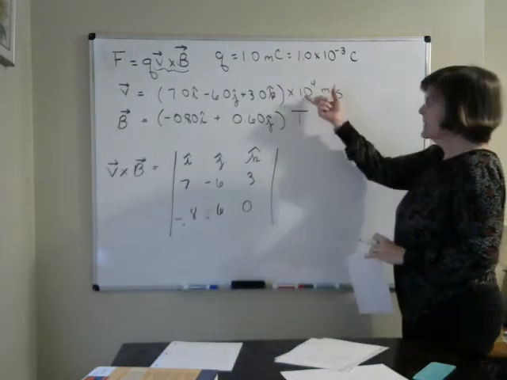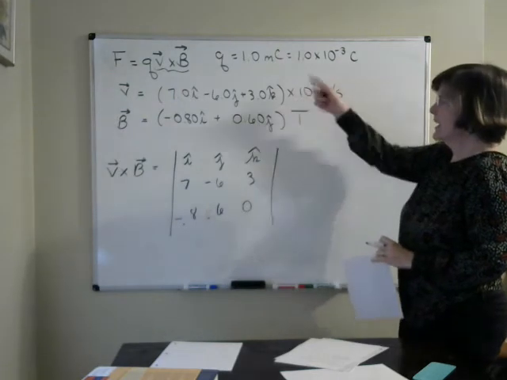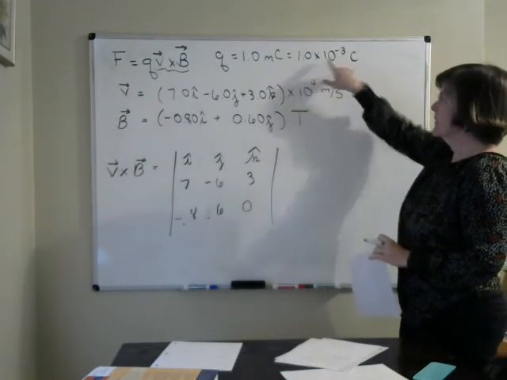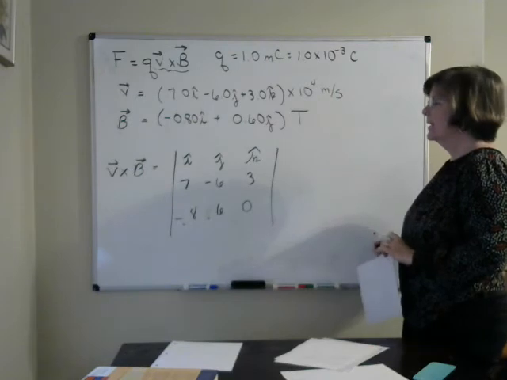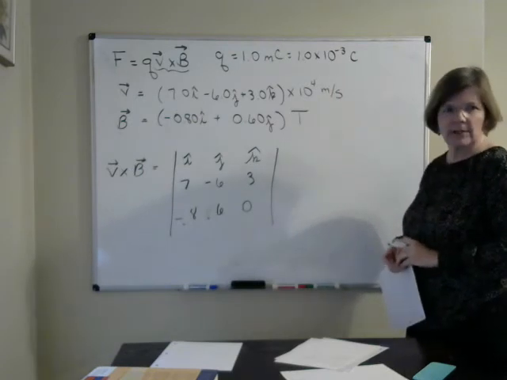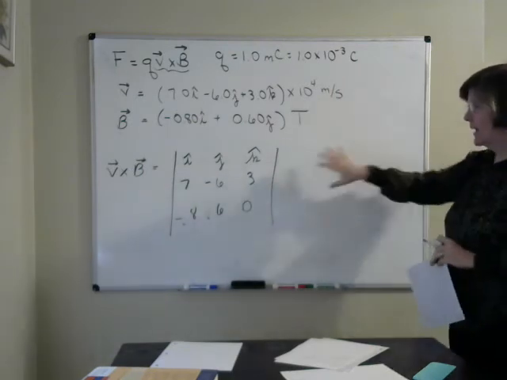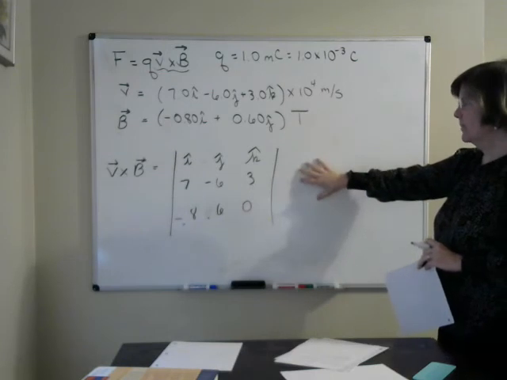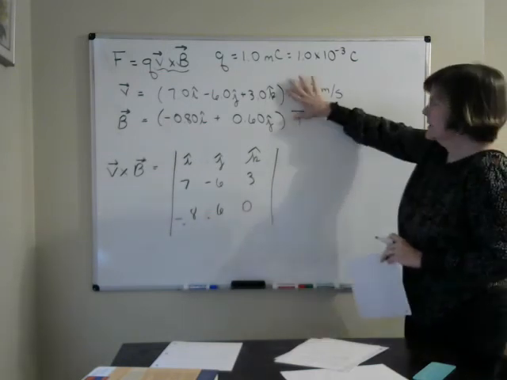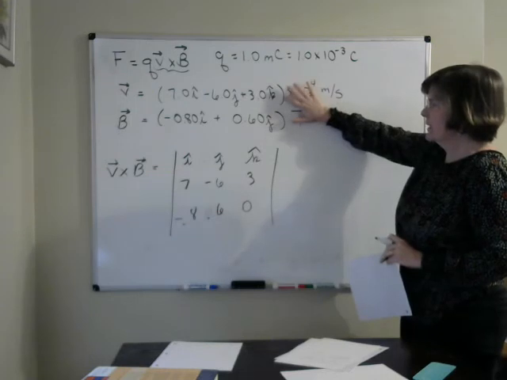I'm going to save this times 10 to the 3rd for later and just tack it on at the end, just like I'm going to save this 1 times 10 to the negative 3 coulombs. So I just really want to talk about how I do V cross B, if that wasn't even there.